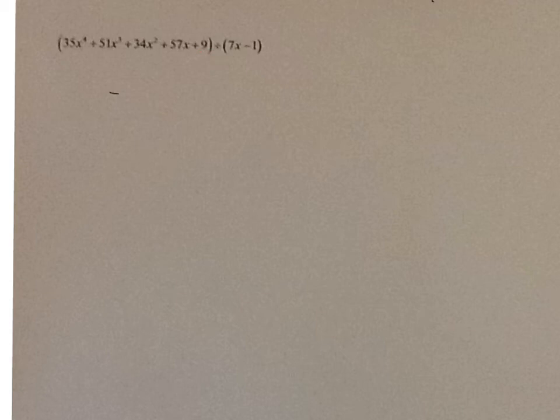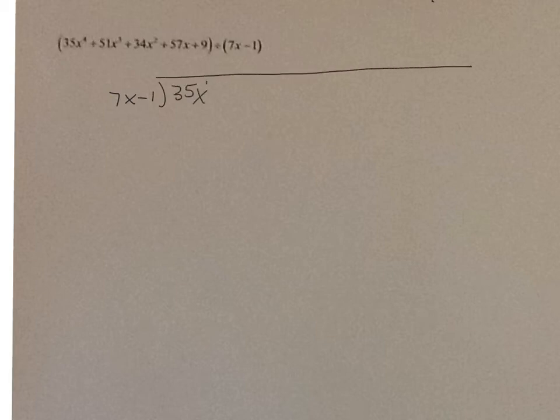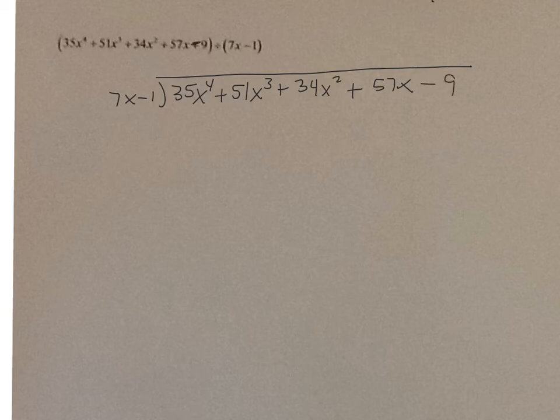I have 7x divided into, it's going to be a long one, 35x to the 4th plus 51x to the 3rd plus 34x squared plus 57x. And this should actually be a minus 9 here. Change it on your paper, put minus 9 there. It'll say it on your paper, not on the video, because I'll change it before I give it to you.